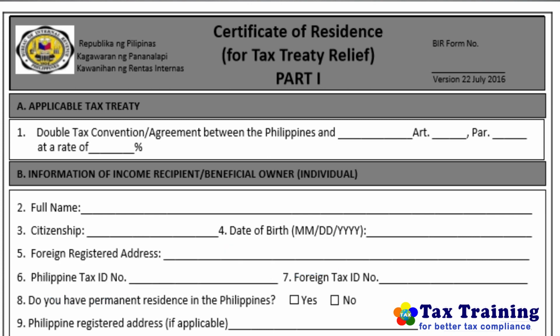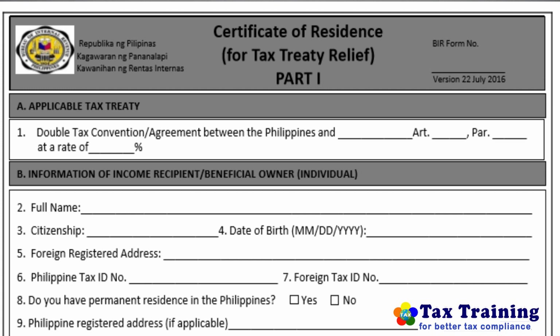So, under what article or paragraph, and at what rate. Bakit kailangan po mag-avail itong mga non-resident for the tax treaty relief? Because if you try to look at our tax treaties, ang rate po na nasa tax treaty is lower than the rate in the tax code ng Pilipinas kung walang tax treaty.